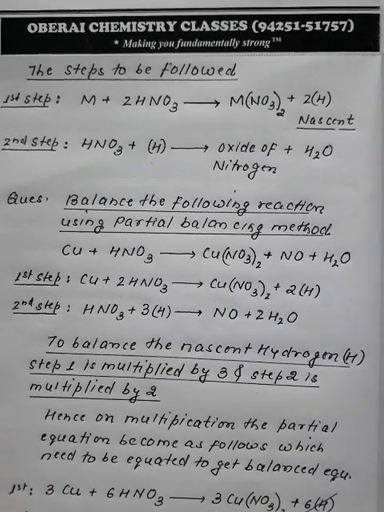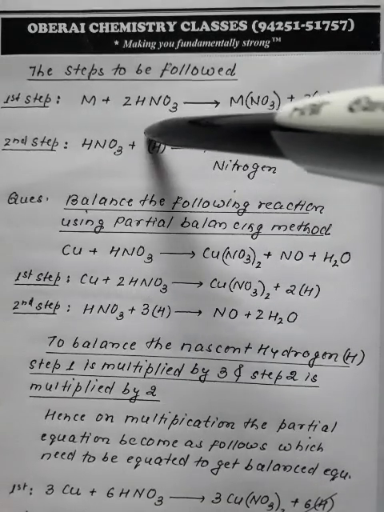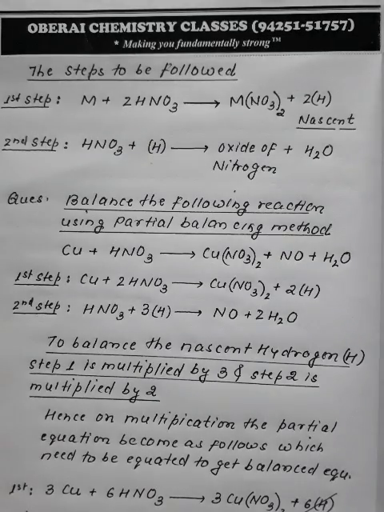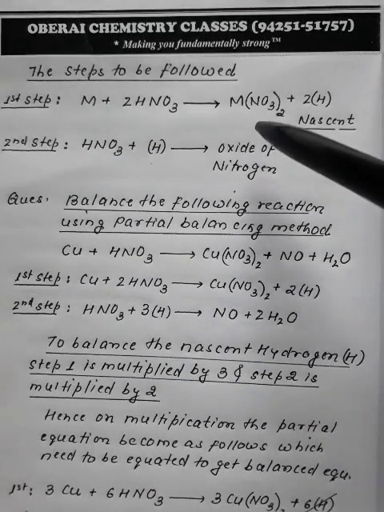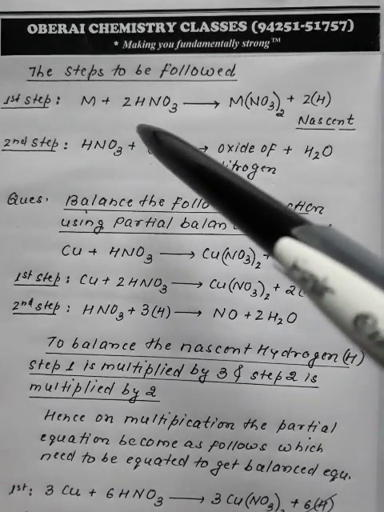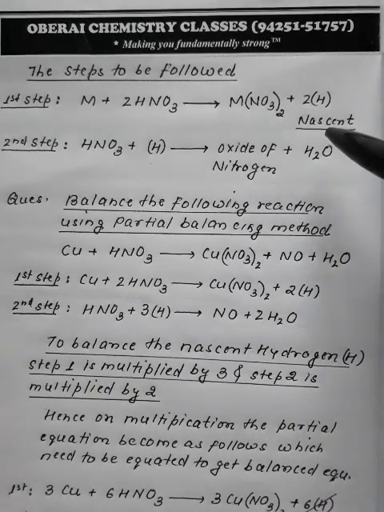In the first step, the metal is made to react with nitric acid. As a result, it gives metal nitrate and nascent hydrogen is produced.